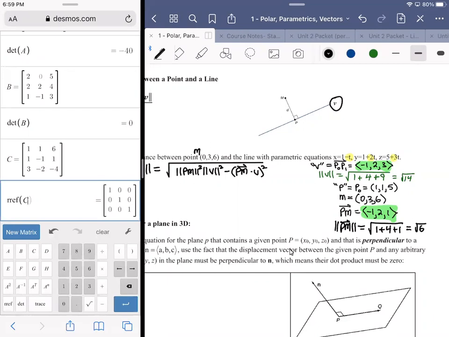Now the dotting of PM and V, that's easier. I can even chuck that here. PM dot V, and I'll move it all up in a second. I'll reorganize.